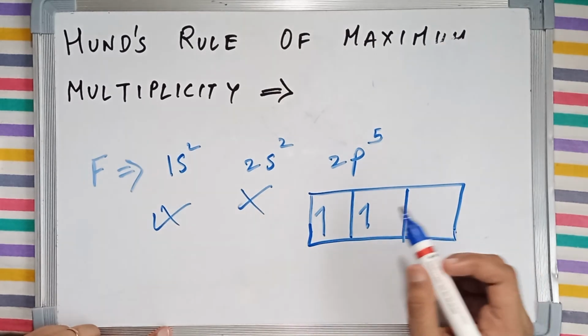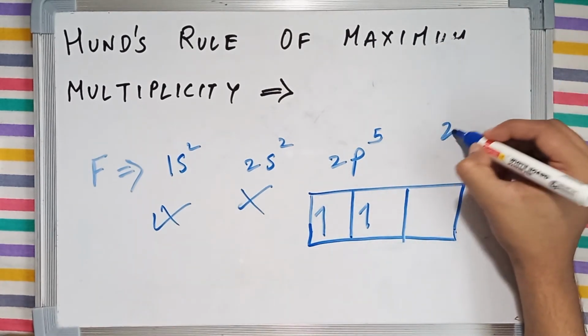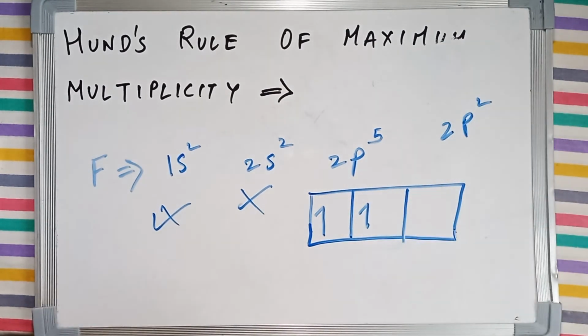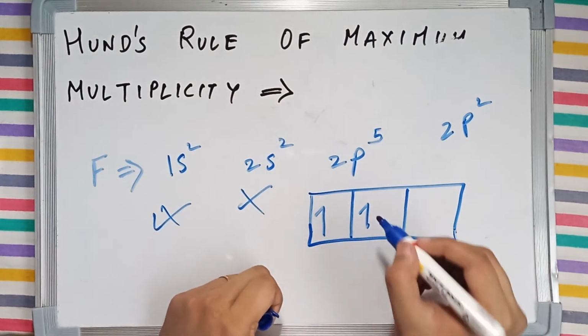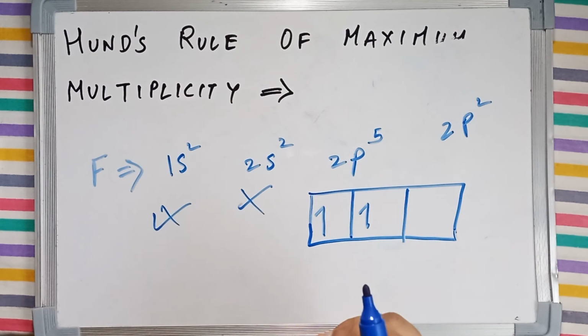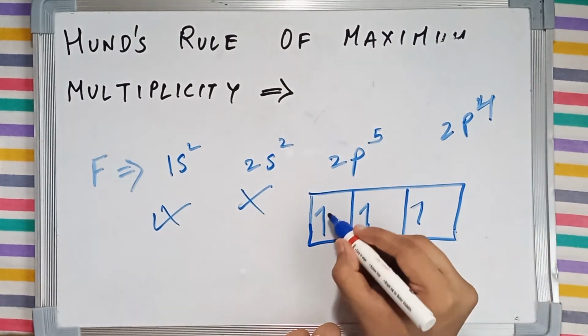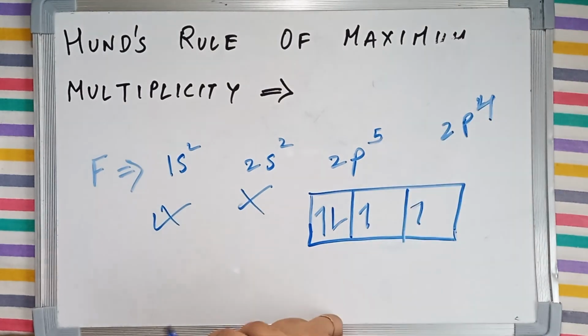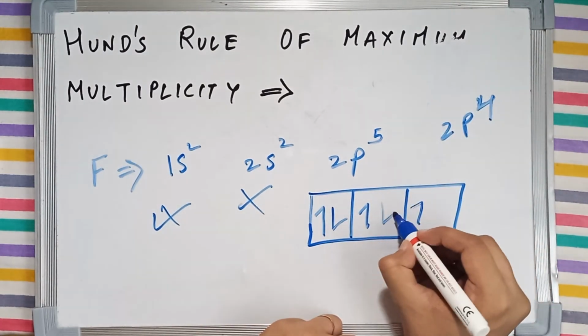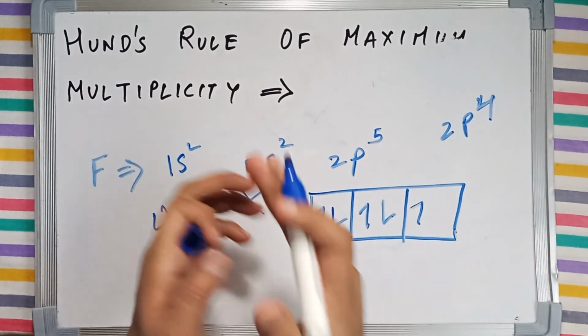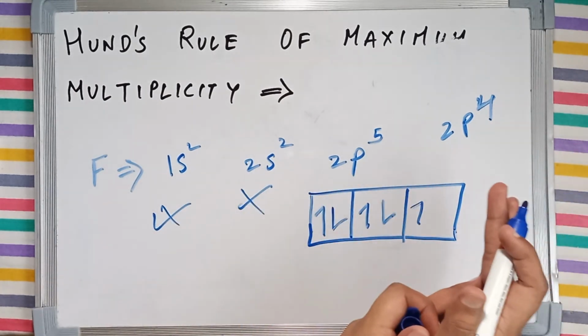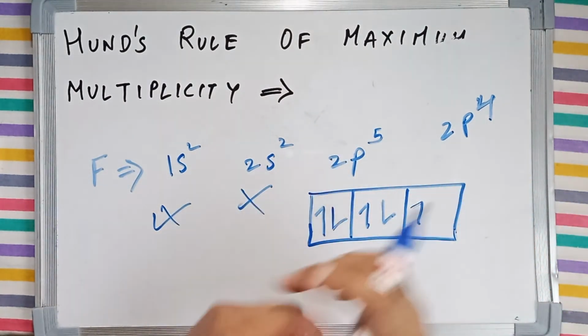For example, if you had 2p2 instead of 2p5, it would just have been like this, 1, 2, and because it doesn't have 3 electrons, the third orbital will be vacant. In the previous case we had 2p4, so we filled it like this. Now we have 2p5, so we fill it like this. In the starting we have to fill it in such a way that each orbital has a single electron.